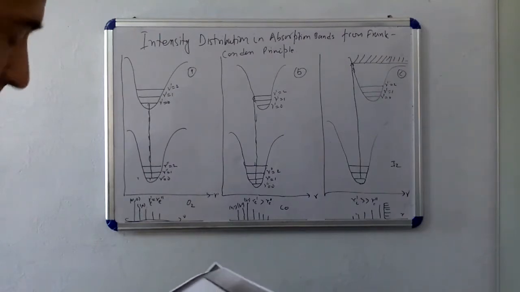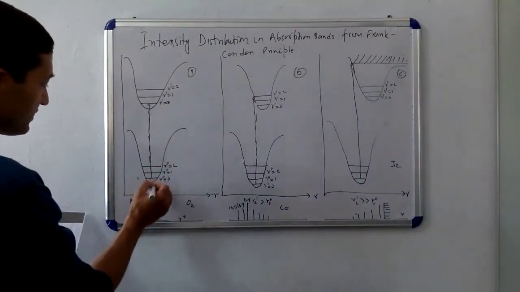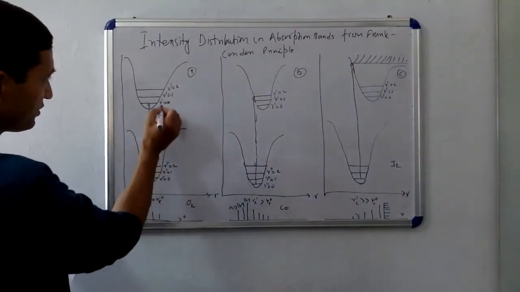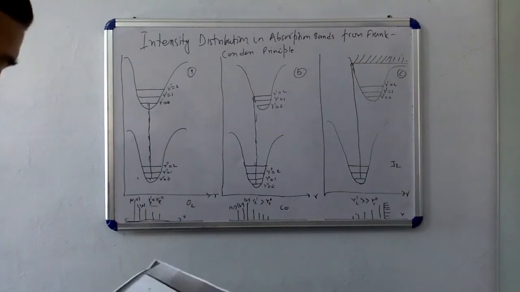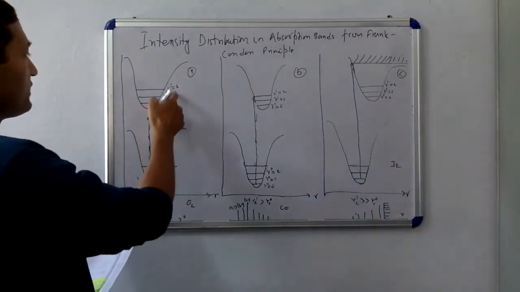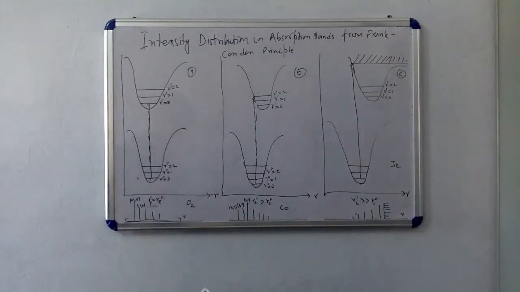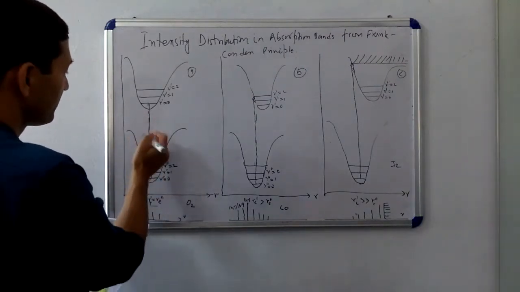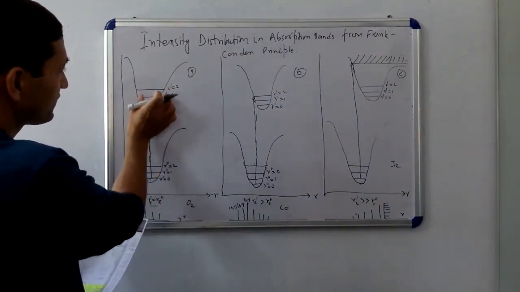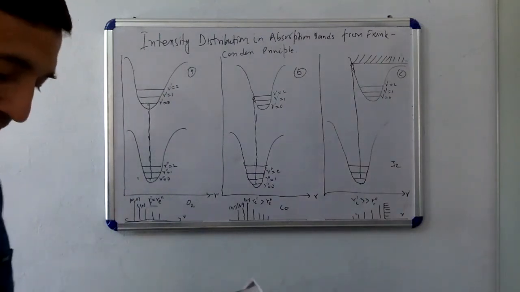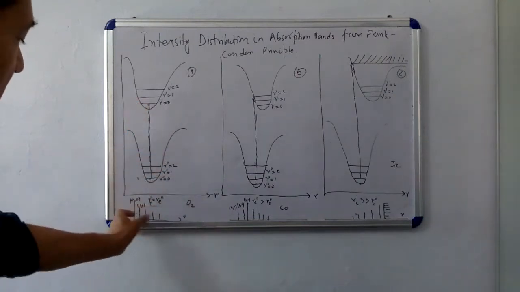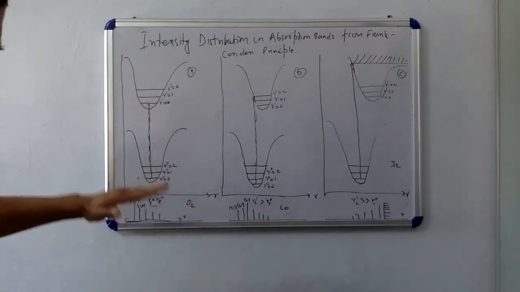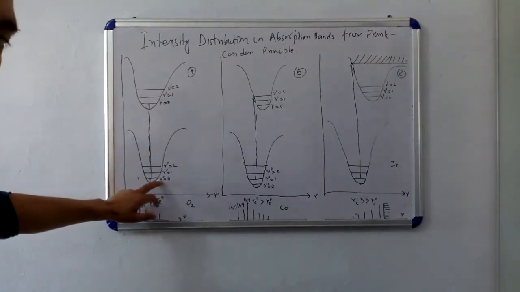If you look at this, the most probable transition is ν″ = 0 to ν′ = 0 because their distances are almost the same. There are progressions corresponding to ν′ = 1, 2, 3 and so on, but they involve a change in R, so these lines are not very intense. Every absorption is taking place from ν″ equal to 0.